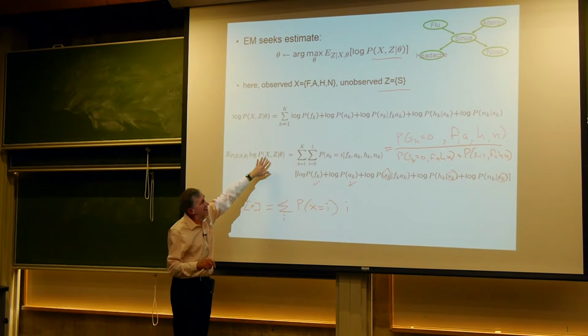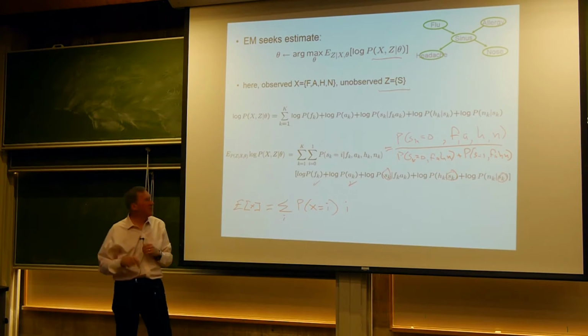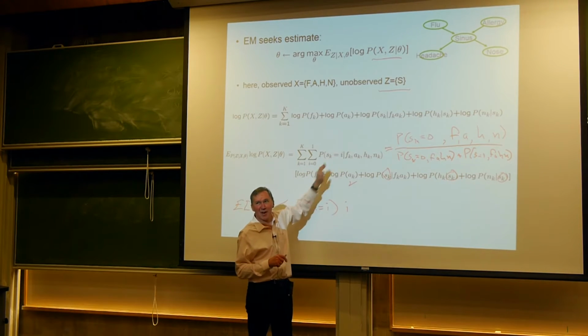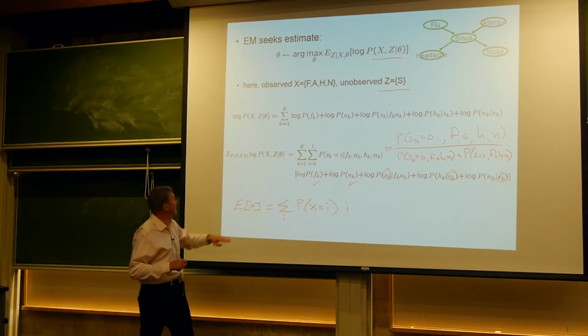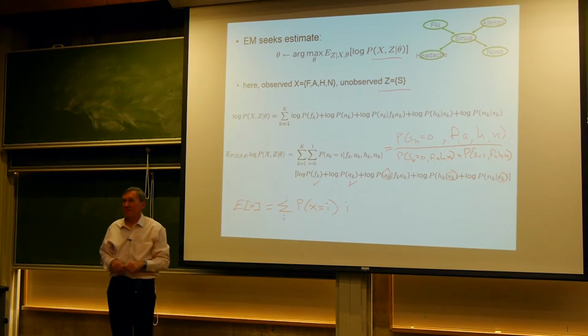And then we can maximize this. It's called EM because E stands for expectation, meaning calculate all these expected values of the unobserved variables or their probability distribution. And then the M step is to actually solve for the theta that maximizes this quantity.